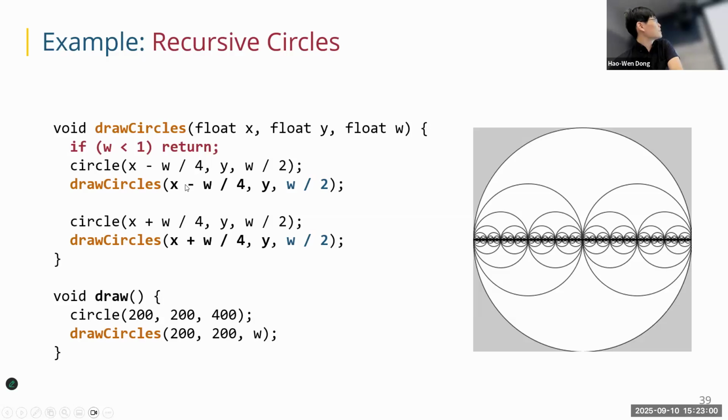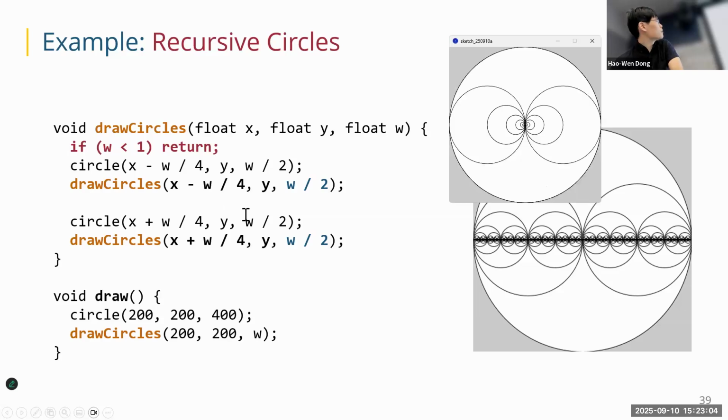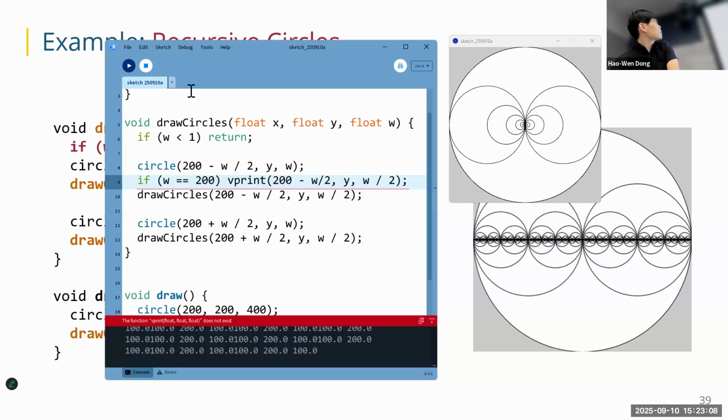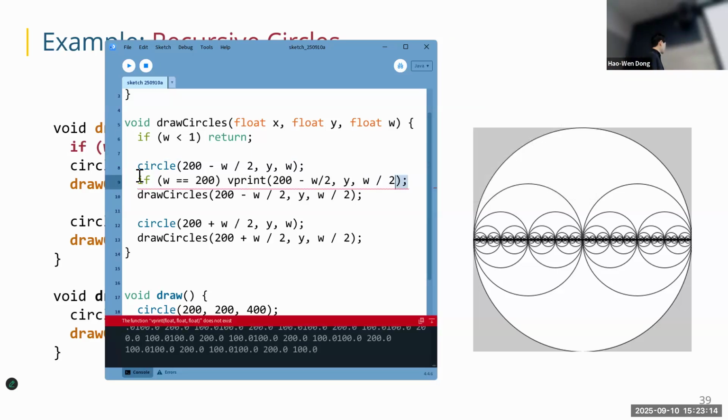Oh, I messed up with something. Okay, now I see what the issue is. Let me stop it. What's the W here? W now is 200.